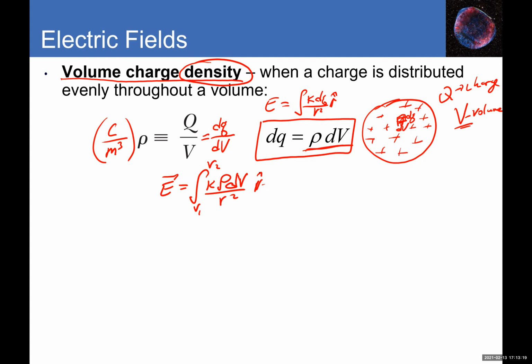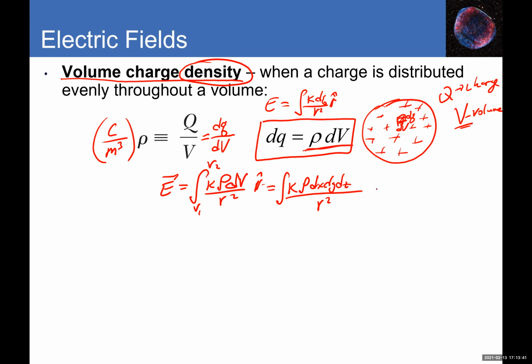And if it's in terms of volume, then one thing I can say is that this is the integral of k rho, where dV can become dx dy dz, over r squared, where r depends on my particular configuration. So let me keep it as just r squared for now.